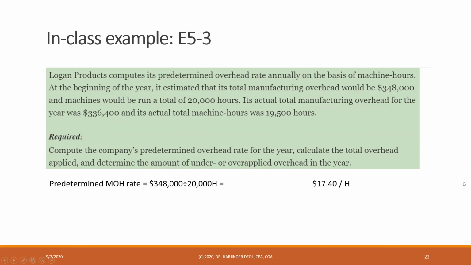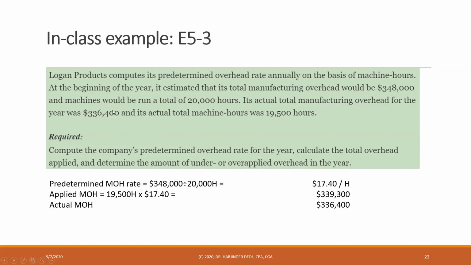So the applied manufacturing overhead for the year is 19,500, the actual hours, times the predetermined rate of $17.40, or $339,300. The total actual manufacturing overhead for the year was $336,400.